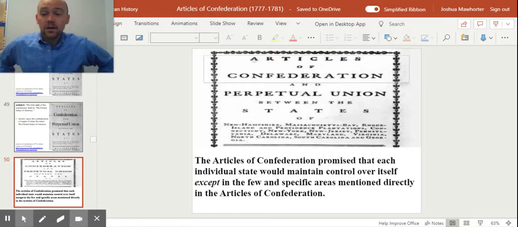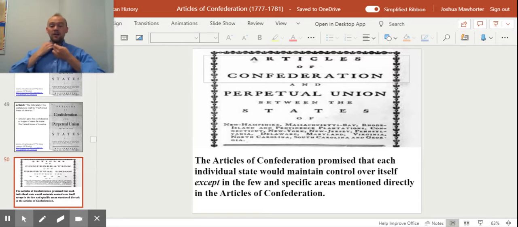Now, before we get into Article 2, it's important to understand the nature of the Articles of Confederation itself. The small sentence here kind of outlines that. It's impossible to stress too much just how much power the states had.